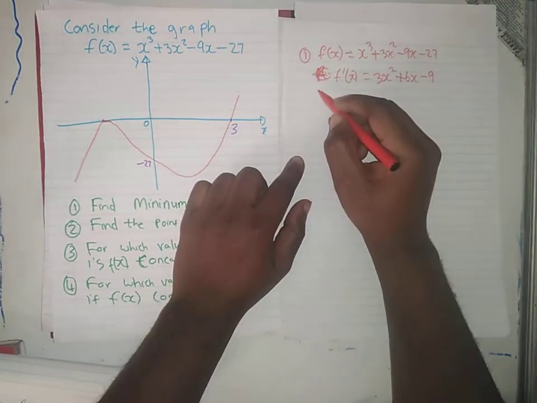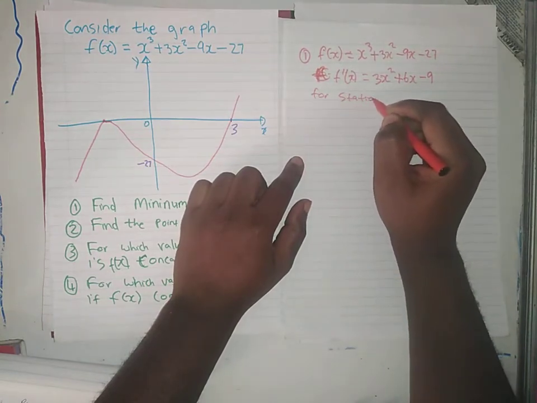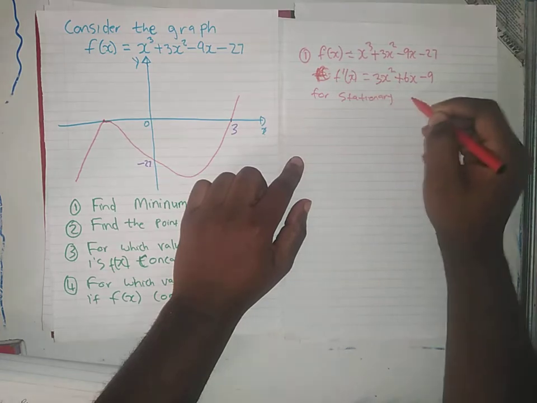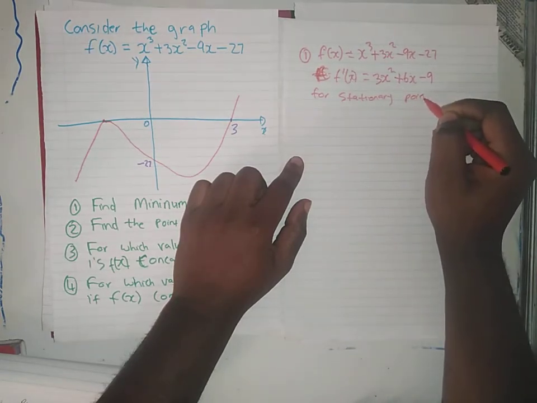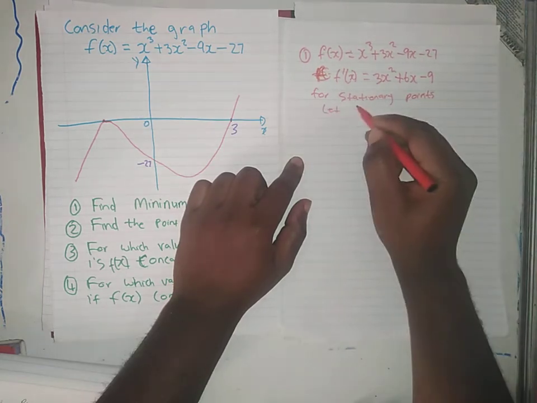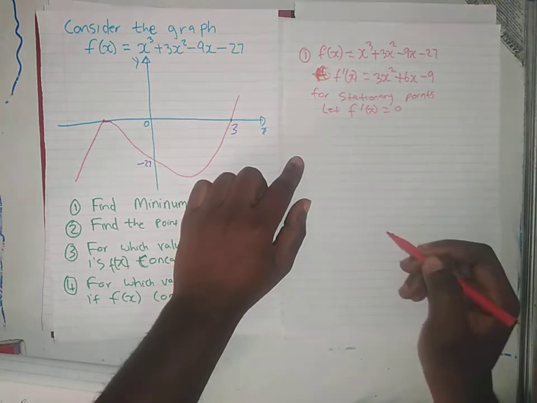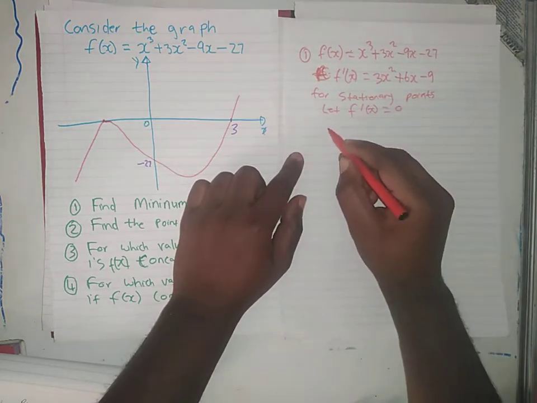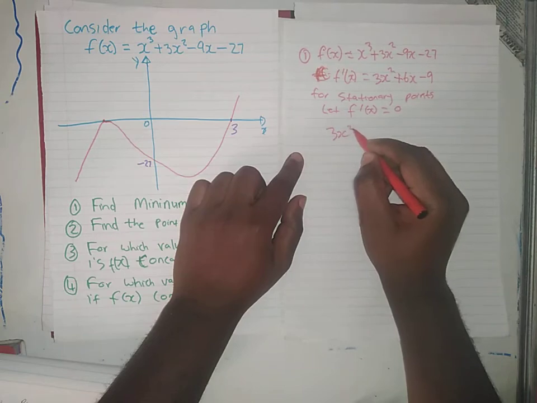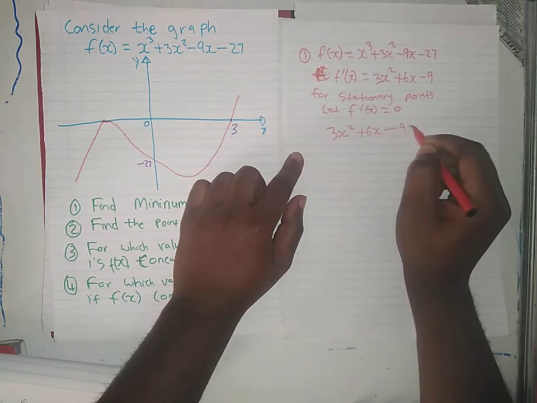And then for the stationary point, or for the turning point, I'm just trying to be fancy, you let f prime at x be equal to 0. Now in this particular case, you will have 3x squared plus 6x minus 9 equal to 0.